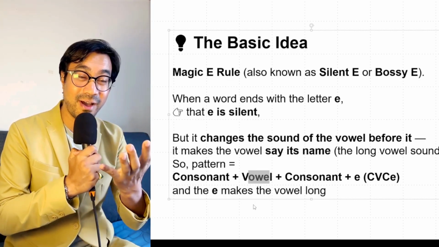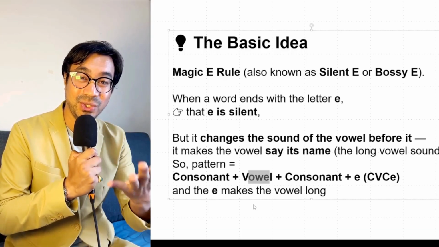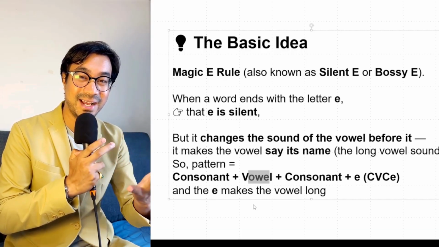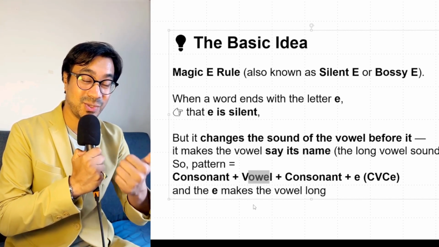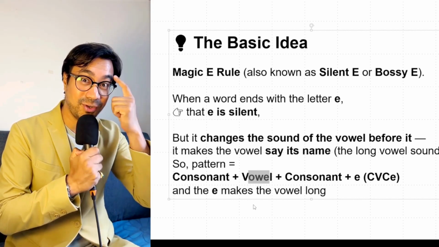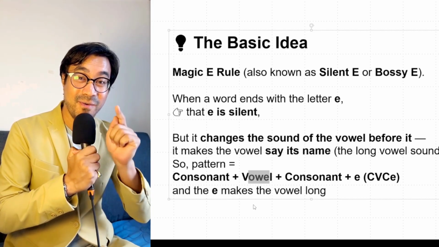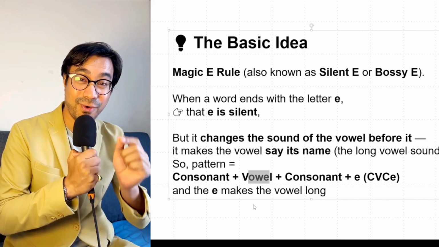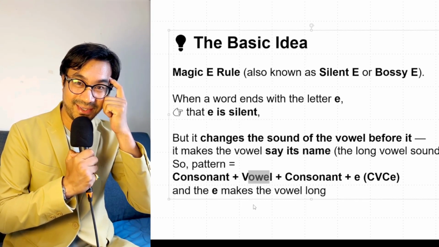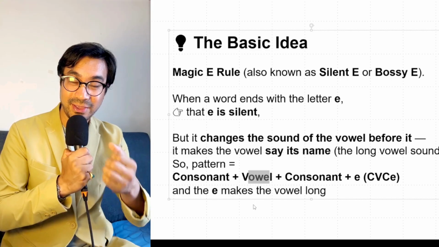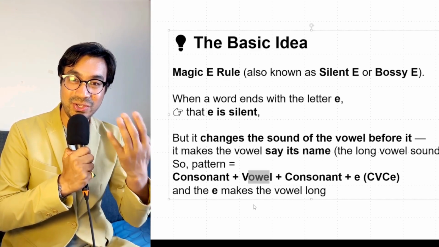So what are the long vowels? A, E, I, O, U. Yes, these are the long vowels. So when the word ends with the letter E, you have to remember that E will change the vowel before it.